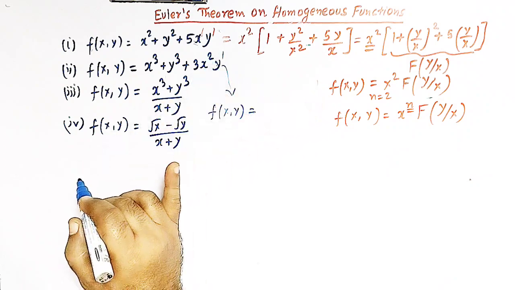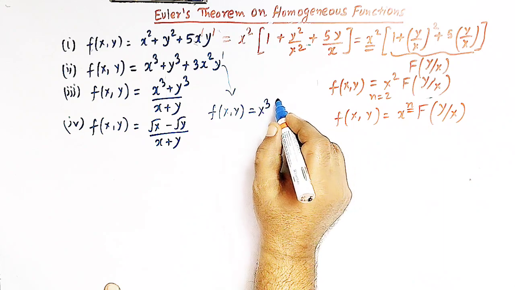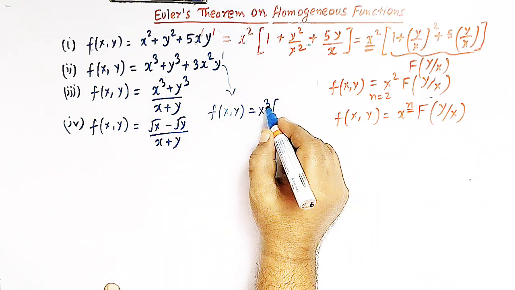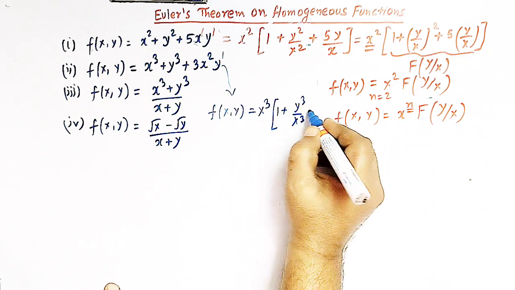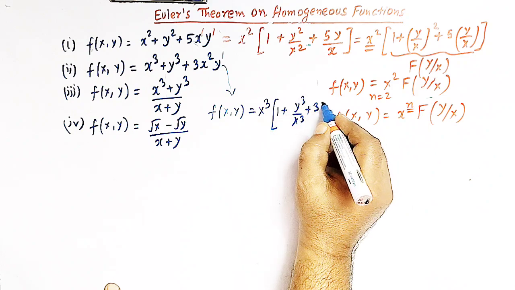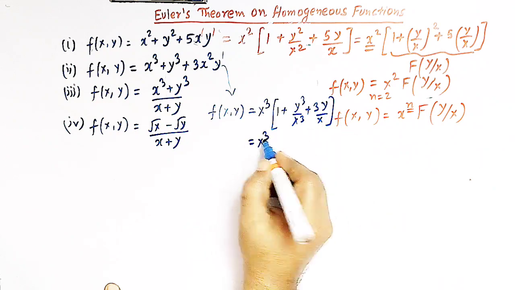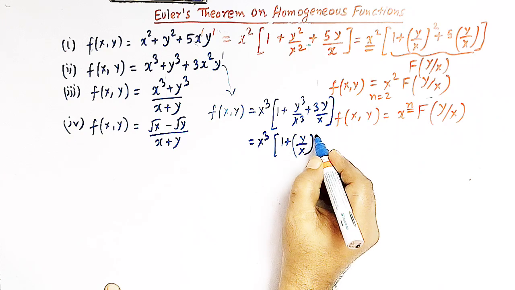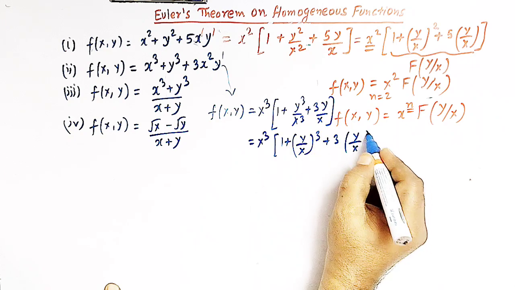So 2 plus 1 is 3. So let us take x cube common from these three terms. So we have x cube, then we have 1 plus y cube over x cube plus 3 times y over x. So let us write x cube, and here we have 1 plus (y over x) cube, and this is 3 times y over x.